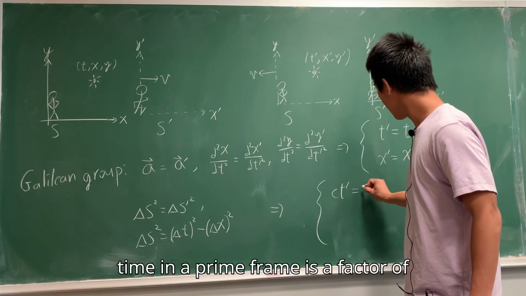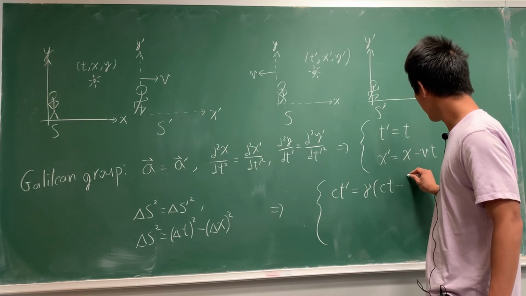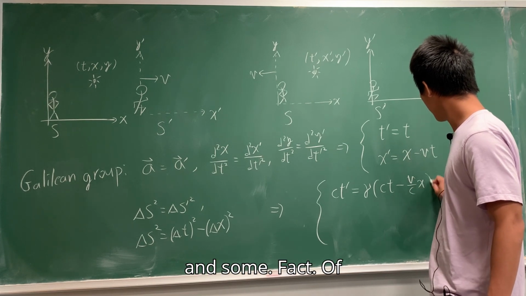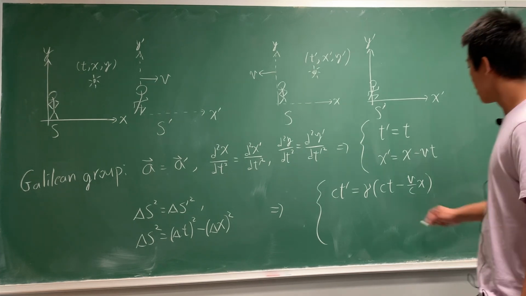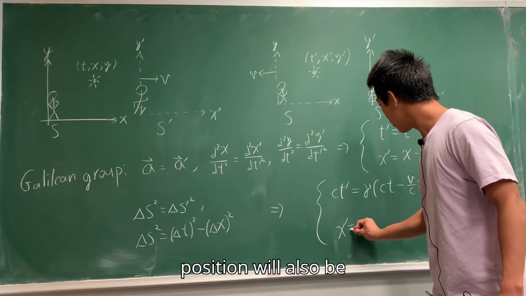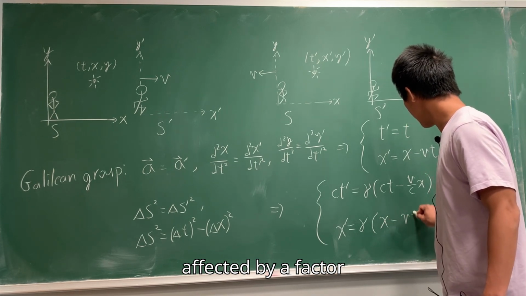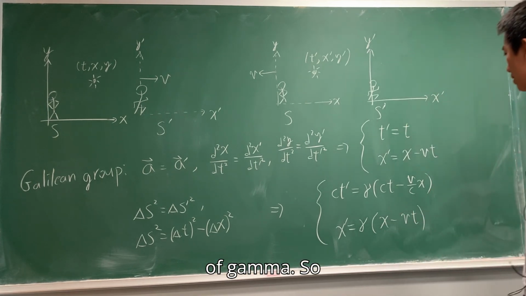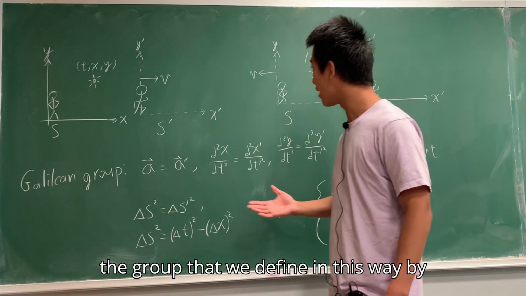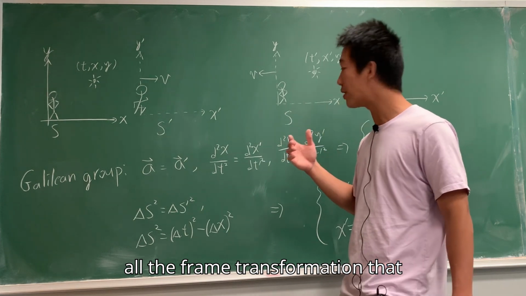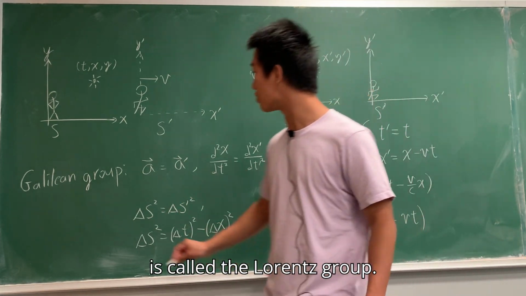The time in the prime frame is a factor of gamma times the time, plus some factor of position, and the position will also be affected by a factor of gamma. So the group that we define in this way, by all the frame transformations that keep the space-time interval unchanged, is called the Lorentz group.